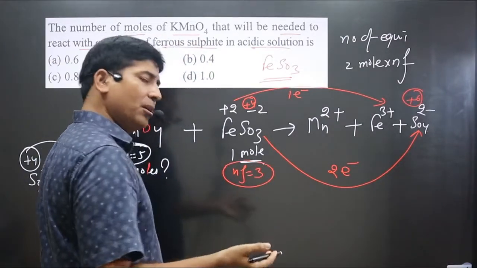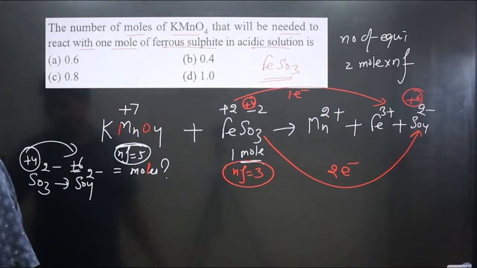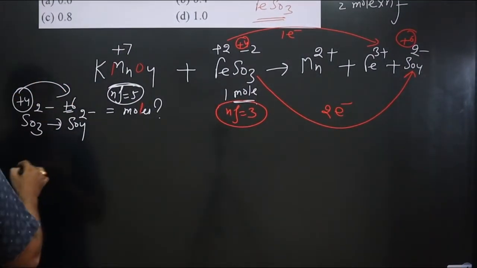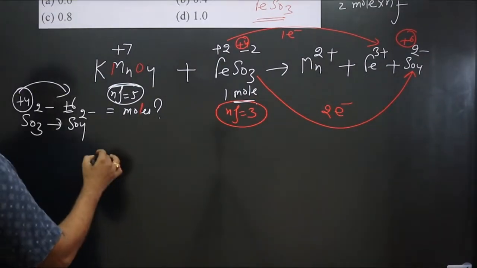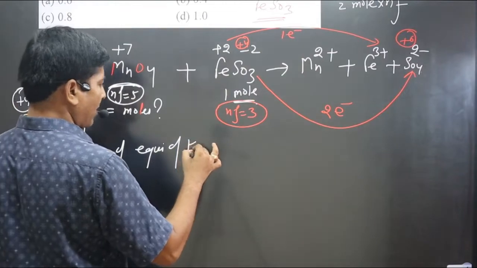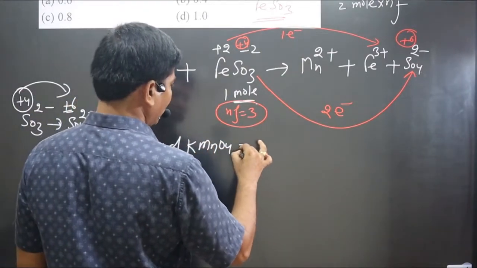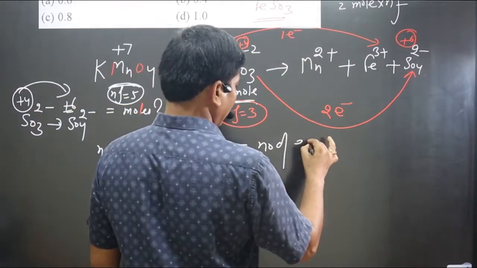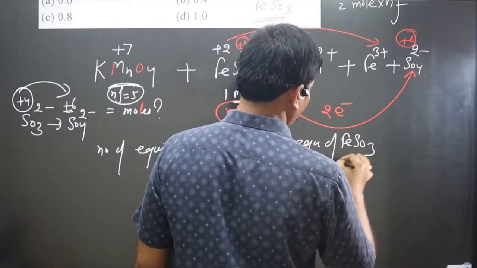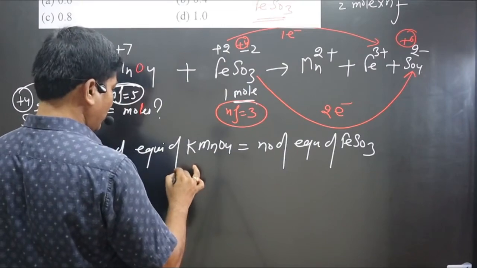Very interesting part. Now we can easily answer this question. We have the formula: number of equivalents of KMnO4 is equal to number of equivalents of ferrous sulfide, FeSO3. So moles multiplied by n factor.